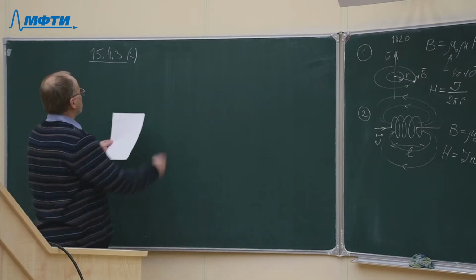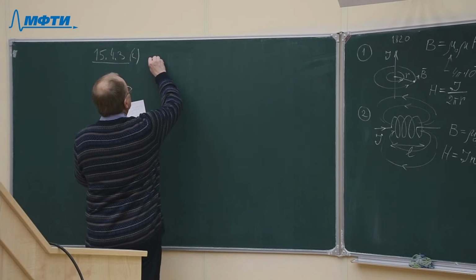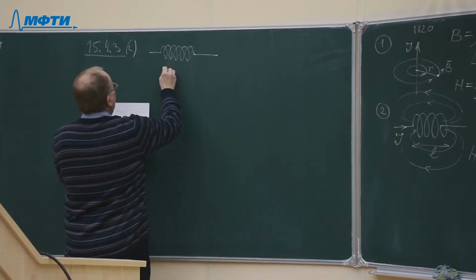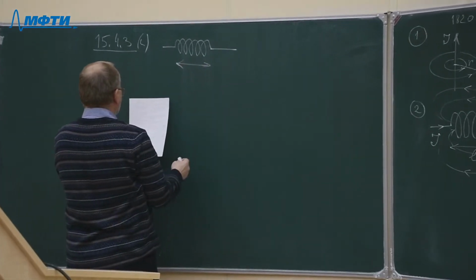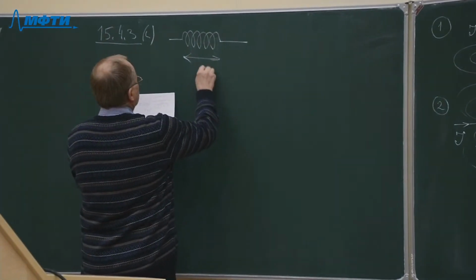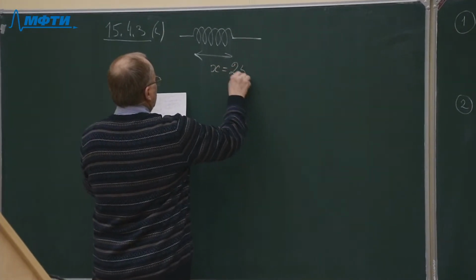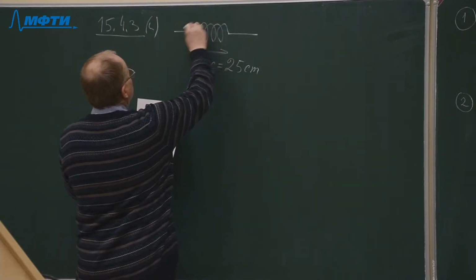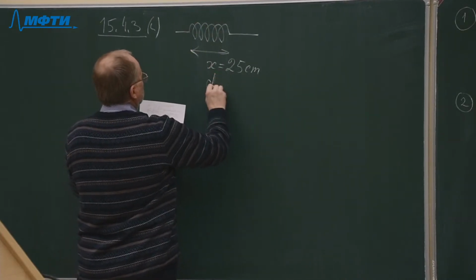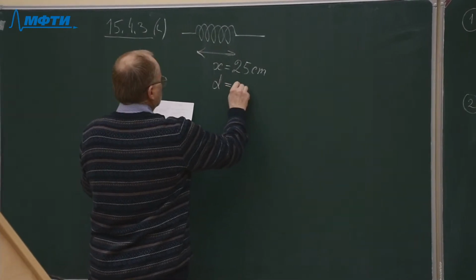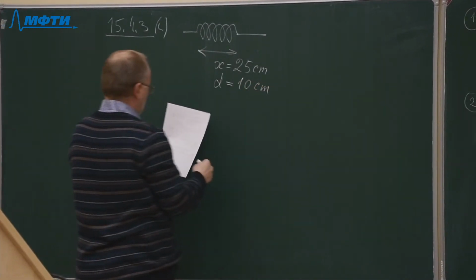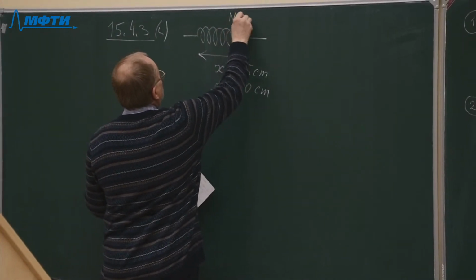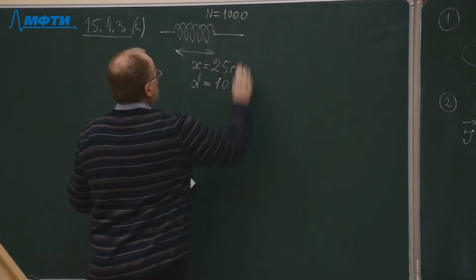So it says that we have a coil which has a length x 25 centimeters, and it has a diameter. The diameter of the coil is 10 centimeters, and the number of turns here, the number of turns is 1000.